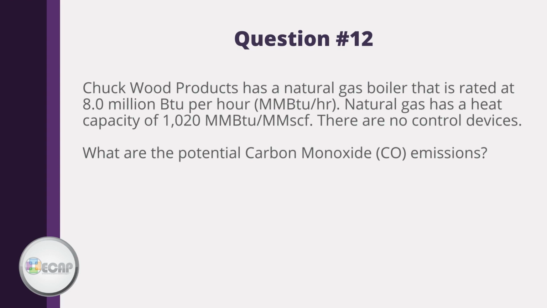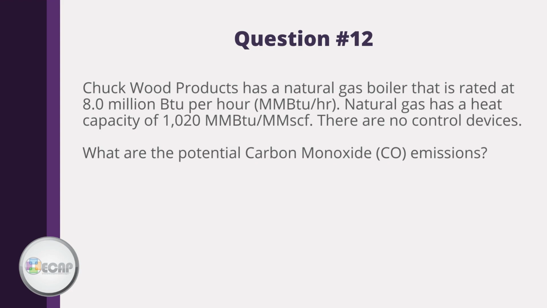Chuck Wood Products has a natural gas boiler that is rated for 8 million British thermal units, or MMBTU, per hour. Natural gas has a heat capacity of 1,020 million British thermal units, MMBTU, per million standard cubic feet, MMSCF.